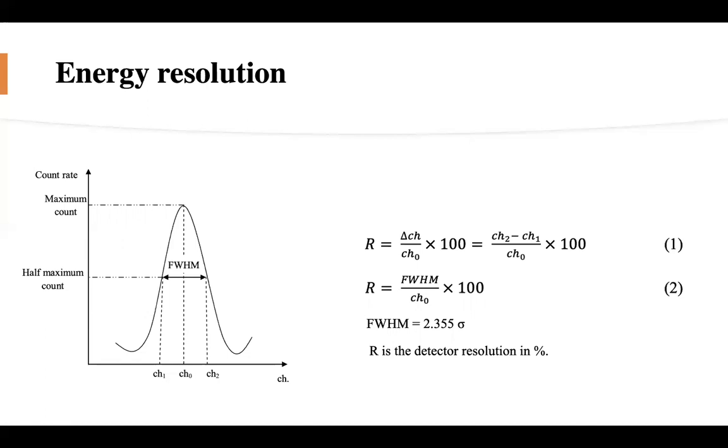Let's make it easy: the full width at half maximum of this peak, if we measure it, is almost the same. If you measure the width of the peak at half of its maximum, or sometimes it is a standard deviation, and divide it by the mean value under this peak, you can work out the energy resolution of this detector.